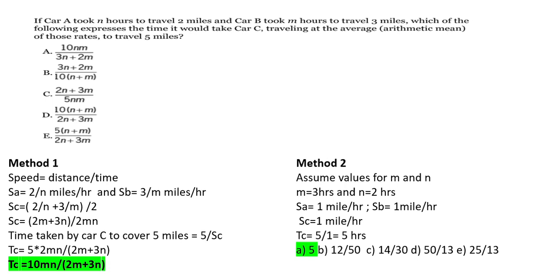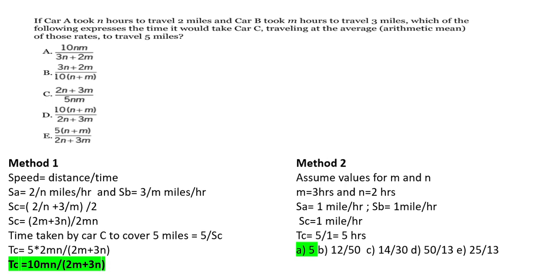So we are aware that speed is distance by time. So speed of A is distance traveled by A by time taken by A, which is 2 by n. So that is 2 by n miles per hour, which is the speed of car A. On a similar note, speed of car B will be 3 by m miles per hour.